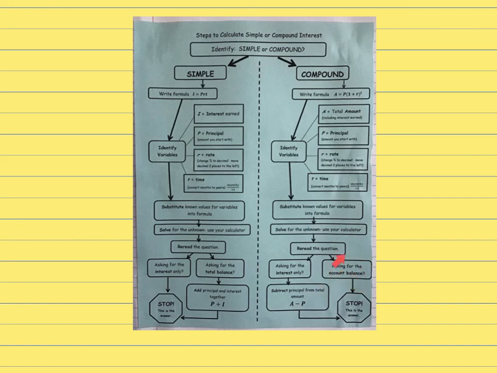If it was asking for the total amount, then you would stop on compound because you're done. So what I might do is put stars beside this, reread the question when you get to the end to make sure you know, are you looking for interest only or are you looking for total balance?